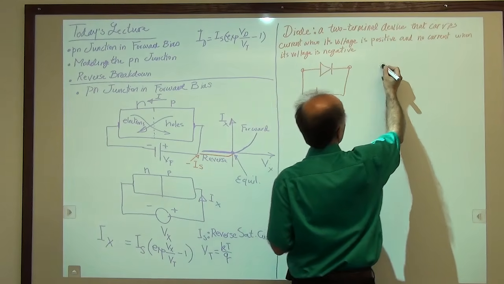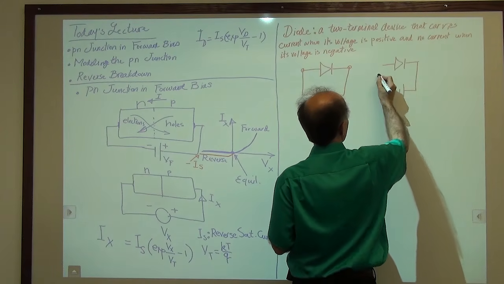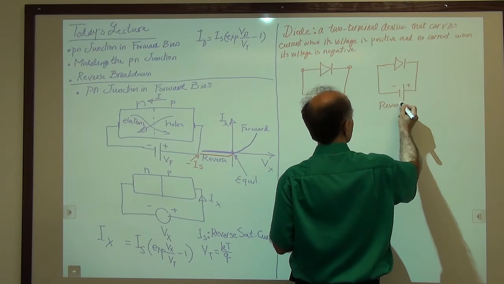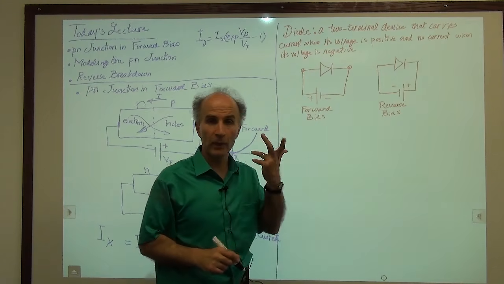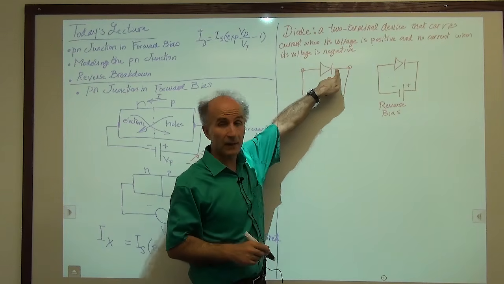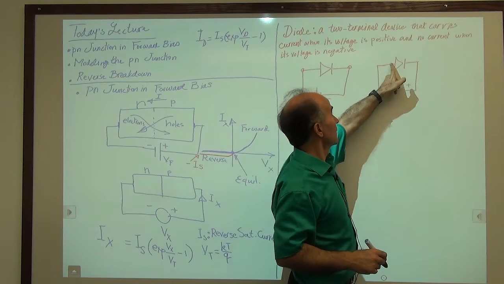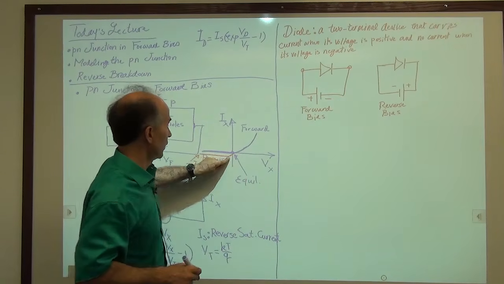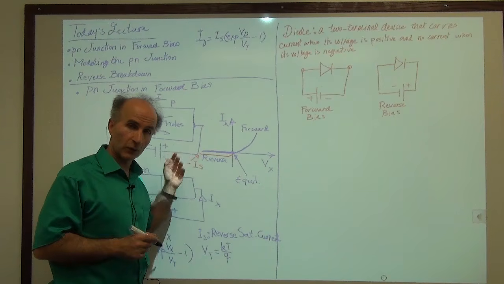And then if we draw it like this, but apply the positive side to the other side, then this will be reverse bias. This is something that we sort of have to memorize: if this side is more positive than this side, we can have a current flowing this way. If this side is more negative than this side, then we can have no current. The current will be very small. It will be only this much. So that is the symbol for a diode, which we also use for a Pn junction.